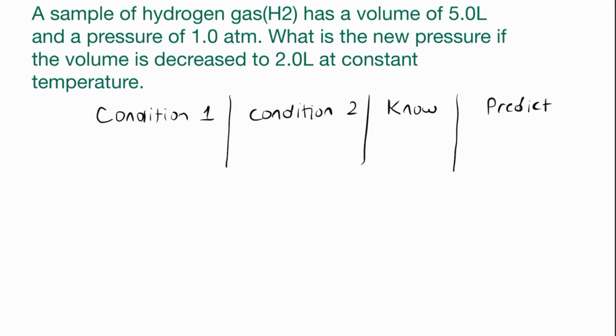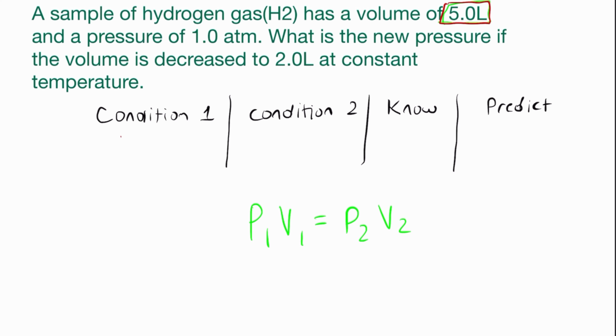So condition 1, what are we given? A sample of hydrogen gas has a volume of 5.0 liters. So let me just write out our equation here, where it's P1 V1 equals P2 V2. So they already give us the first volume. The first volume is this 5 liters.